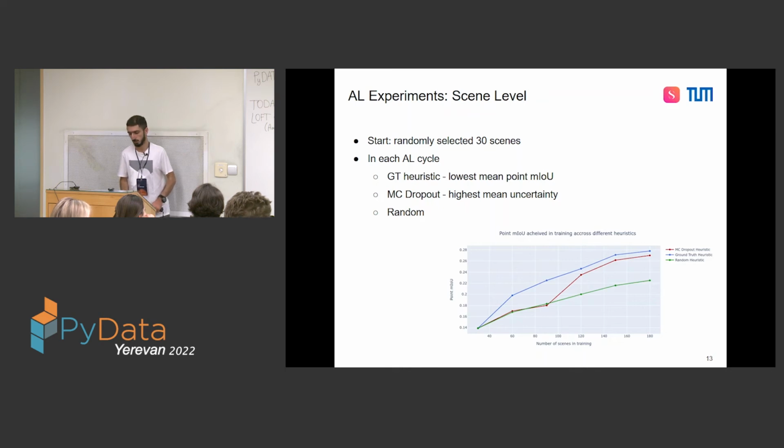As you can see, starting from around 90 scenes, active learning starts to outperform random selection by a significant margin. So we can say that this active learning strategy can be considered working because, for example, with a small number of scenes the model maybe wasn't able to see some classes.